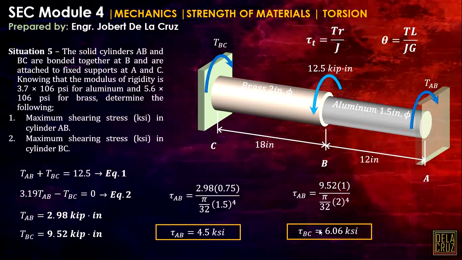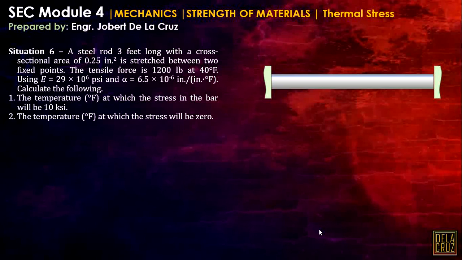Okay? So, easy. Okay, so another situation. Thermal stress naman. Okay? Thermal stress. A steel rod 3 feet long with a cross-sectional area of 0.25 square inches is stretched between 2 fixed points.